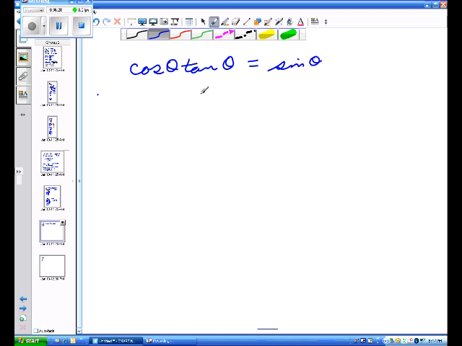Now remember, an identity is something that's true for every value of theta. This isn't an identity that you need to memorize. But if you were given this, we want to prove that it is always true, no matter what your angles are. The way that we do this proof is called a T-proof.